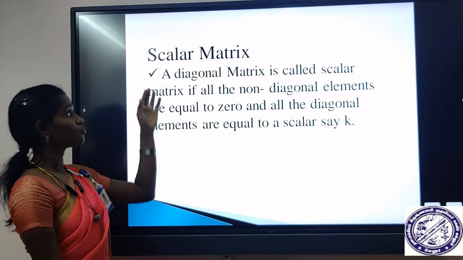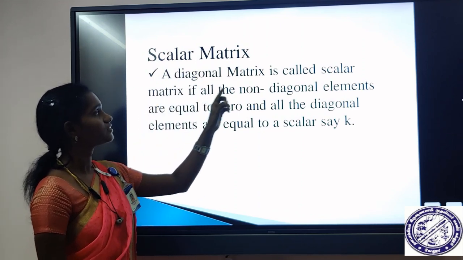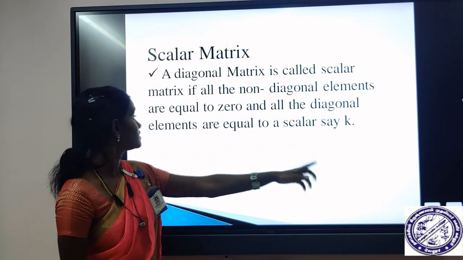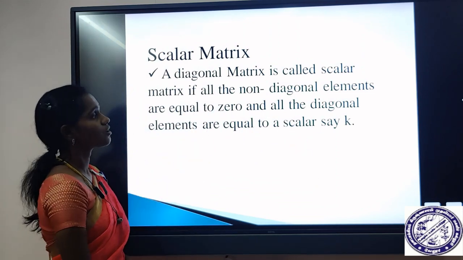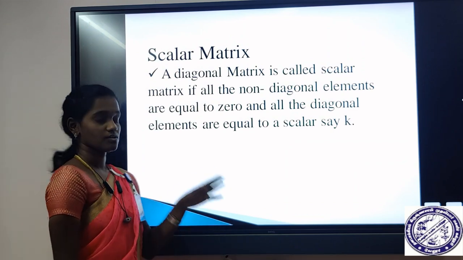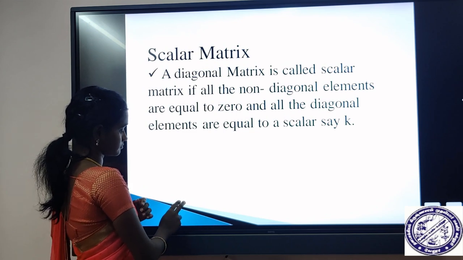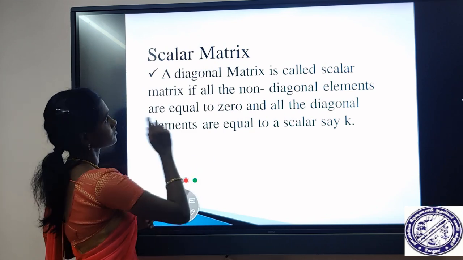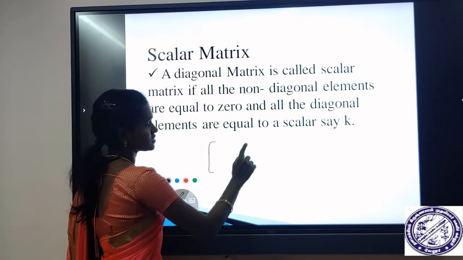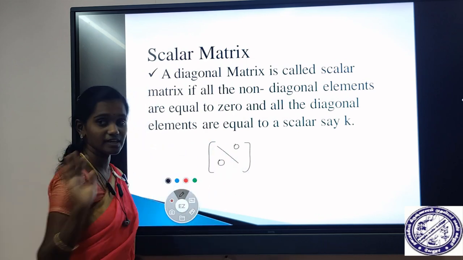Then we are going to see what is a scalar matrix. A diagonal matrix is called a scalar matrix if all the non-diagonal elements are equal to 0 and all the diagonal elements are equal to the scalar k. Diagonal matrix means we have 0 here and here we have any element.